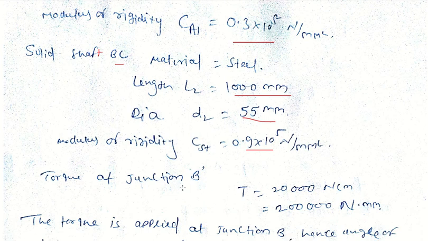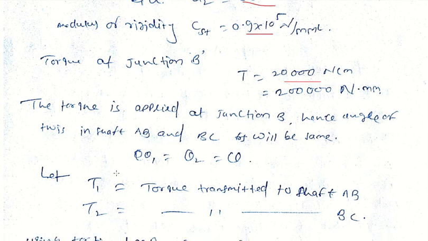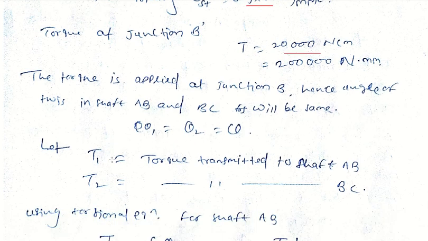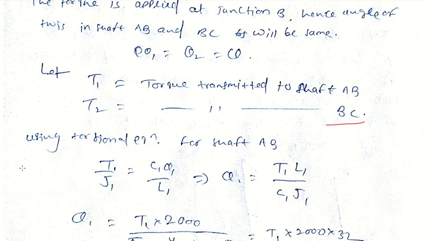And the torque at the junction B, so T value is 20,000 Newton centimeter. The torque is applied at the junction B, so the angle of twist is the same for AB and BC. Now theta 1 equals theta 2 equals theta. Here T1 is the torque transmitted to shaft AB and T2 is the torque transmitted to shaft BC.